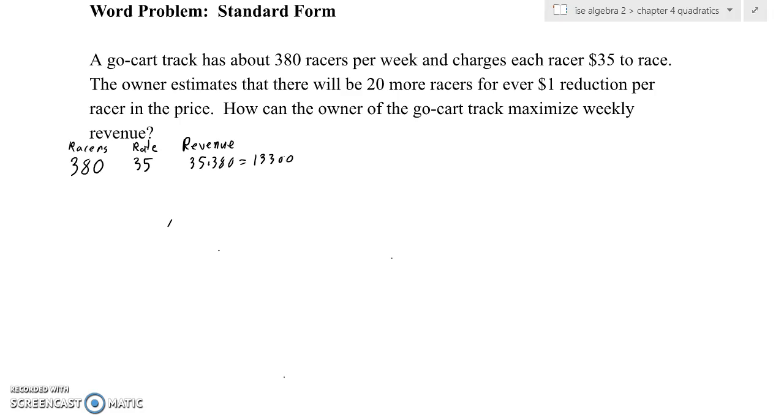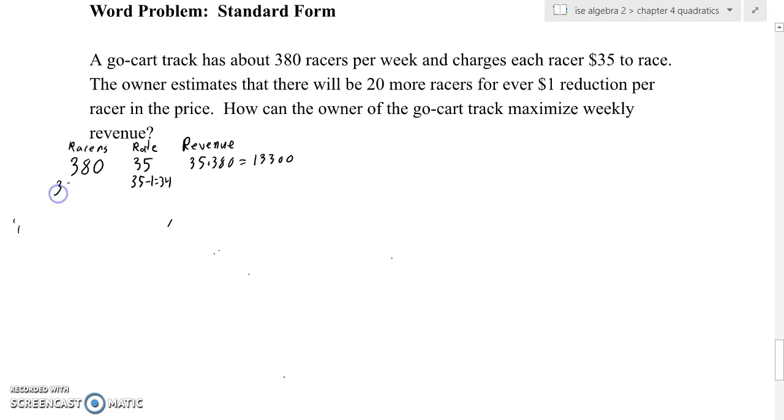If we reduce the price by $1, so 35 minus 1 is 34. There will be 20 more racers.